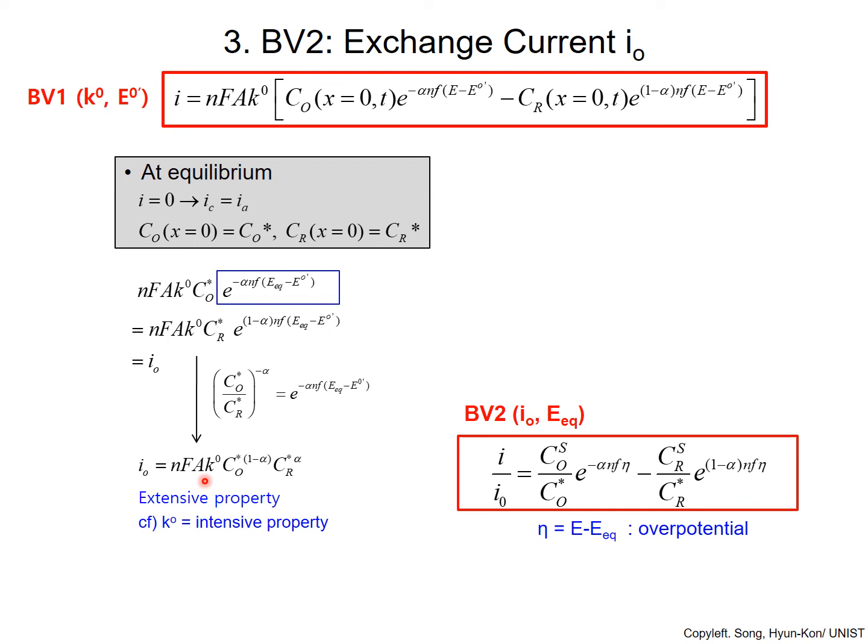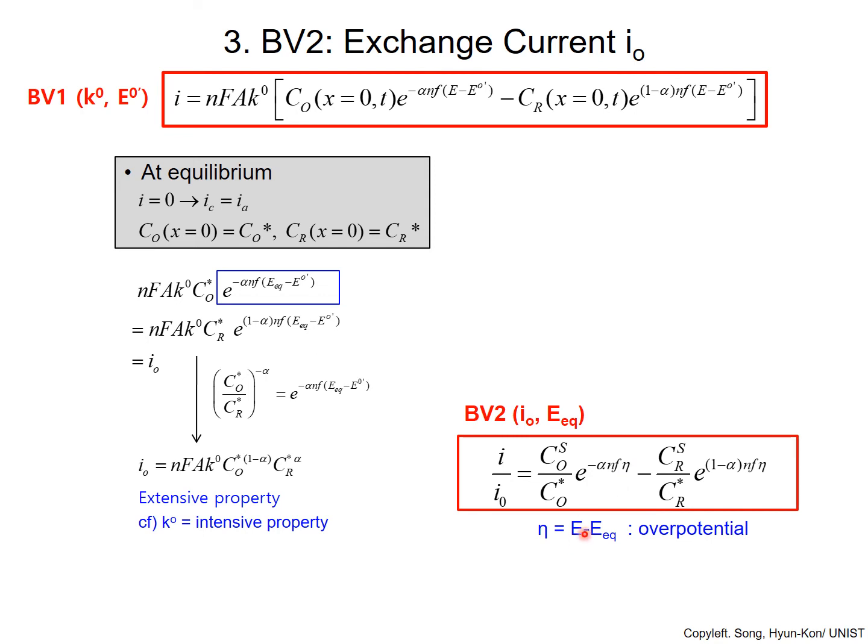Then let me divide the Butler-Volmer version 1 by the exchange current. I per I0 here is equal to the first term divided by this one, because it is the exchange current, which gives the concentration ratio between surface and bulk with exponential of minus alpha f eta.